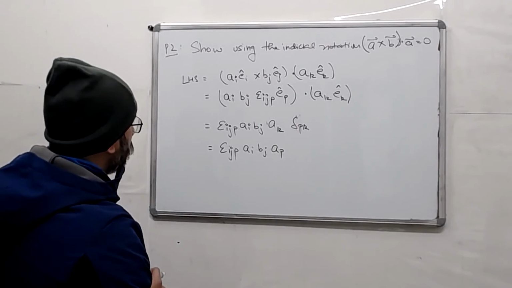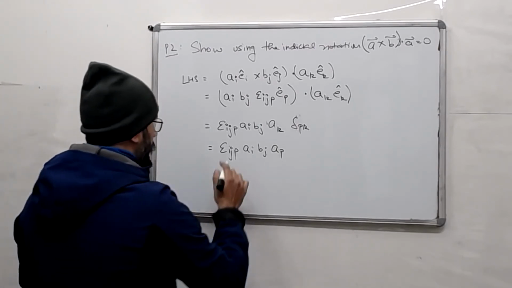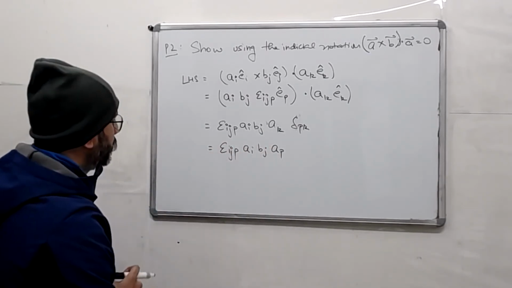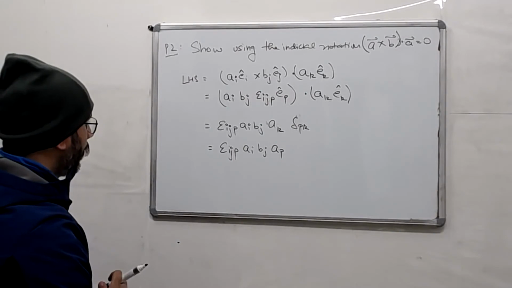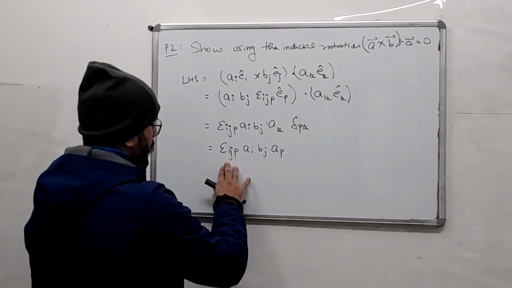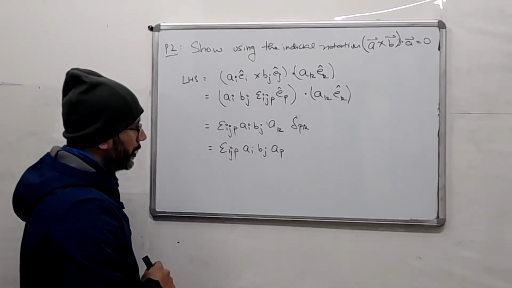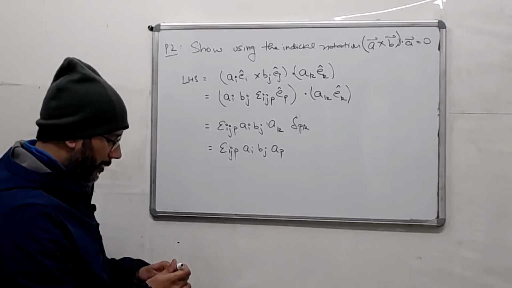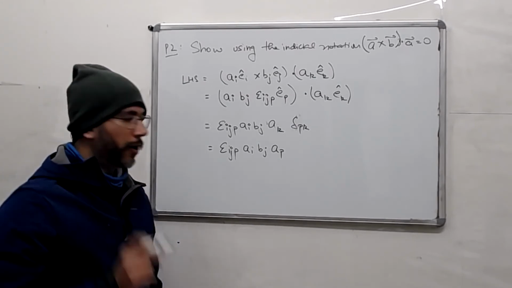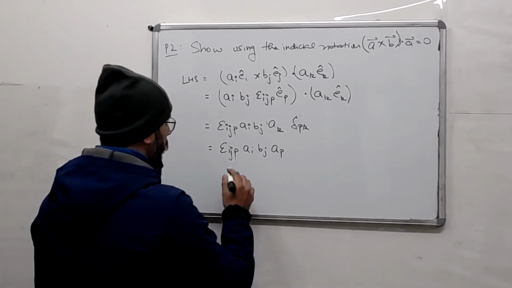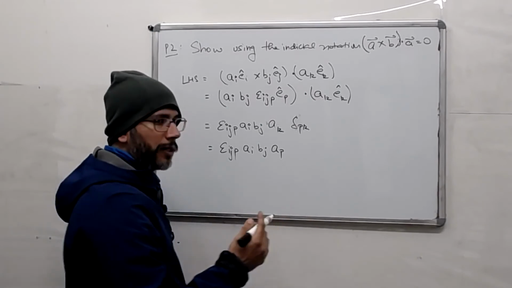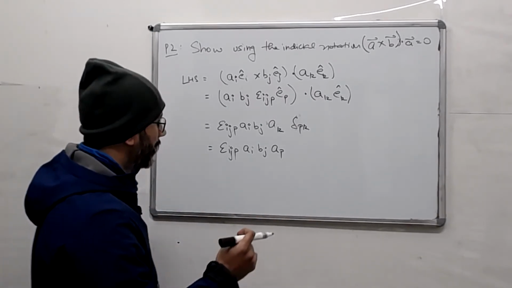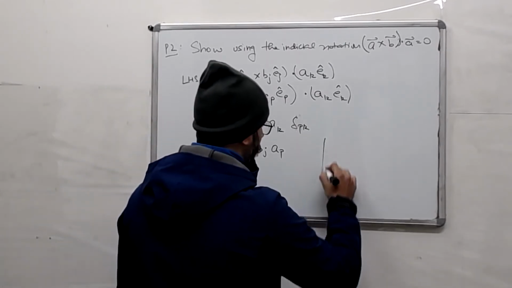Right? So now we have to show that this thing that we have is 0. To show this equal to 0, we will use an identity that the vertical double dot of a symmetric and a skew symmetric tensor is 0. Let me write the identity here.